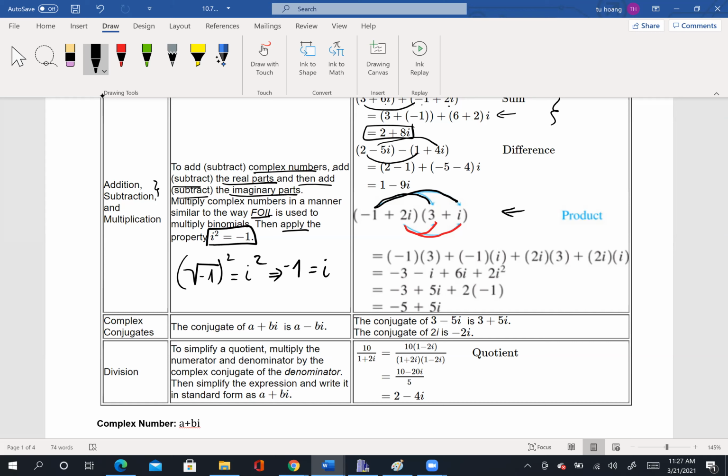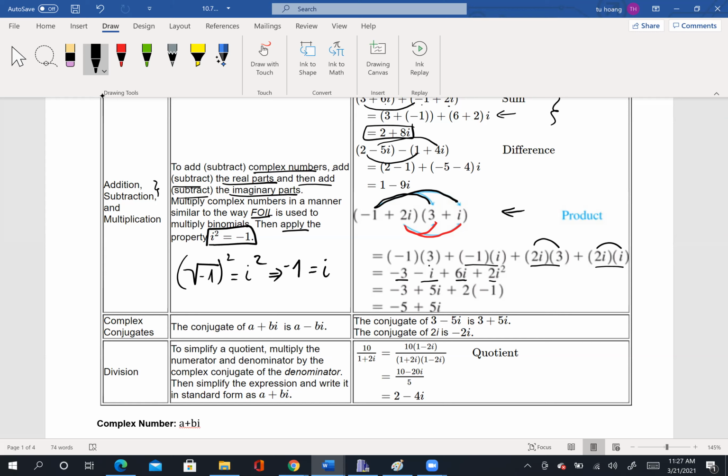So down here it gives us negative 1 times 3, plus negative 1 times i, plus 2i times 3, plus 2i times i. And then what do we have? Negative 1 times 3 is negative 3, and negative 1 times i is negative i, plus 6i, plus 2i squared. Okay, so now simplify.